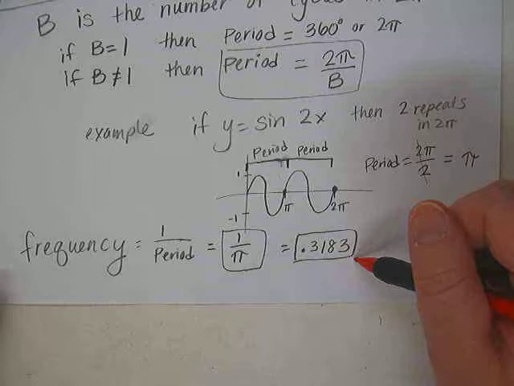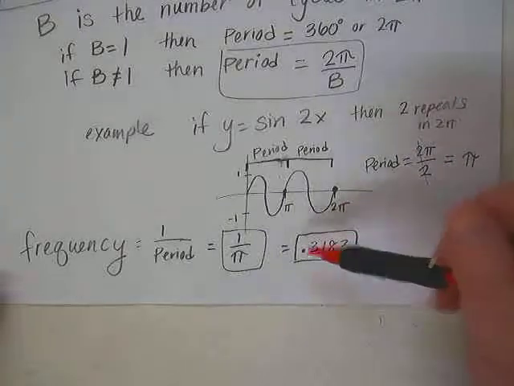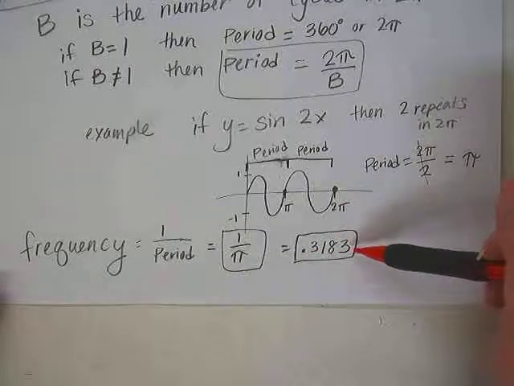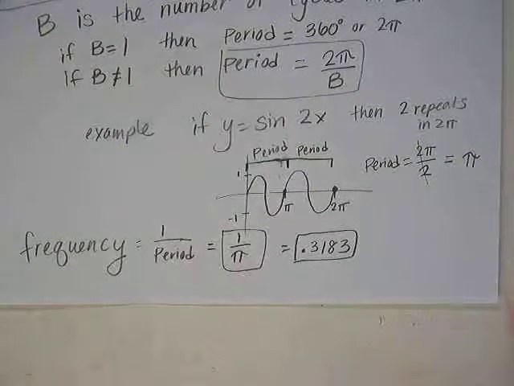The problem with frequency is, like I said, I can't remember what units that would be. This would be radians. The unit for this would be radians, so this would be 1 over radians. So this would be something per radians. I really think it's like 0.3183 parts of a cycle per radian, I think is what it means.